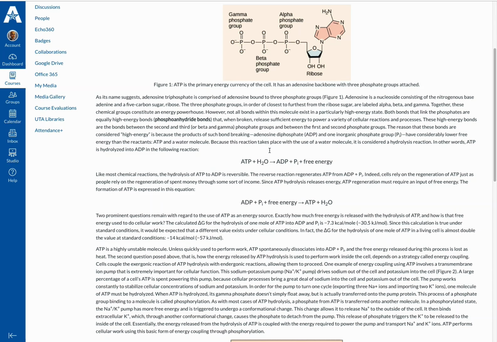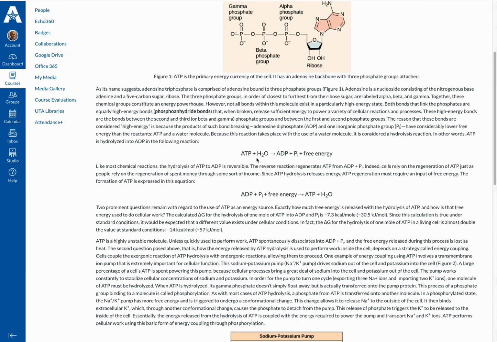And when we take ATP and water, we create free energy. The opposite is the case with ADP, which is the synthesis of ADP and a free inorganic phosphate plus energy will give us our ATP again.